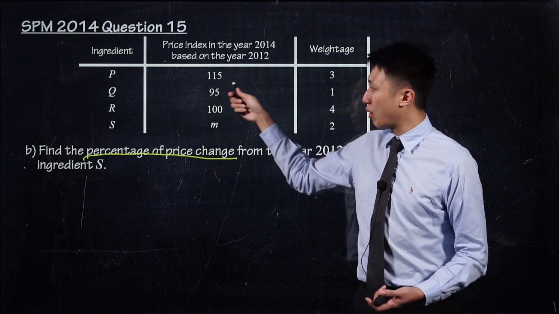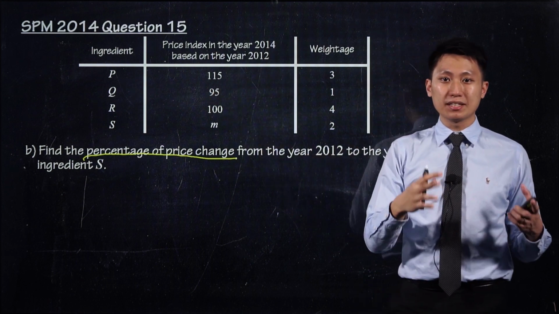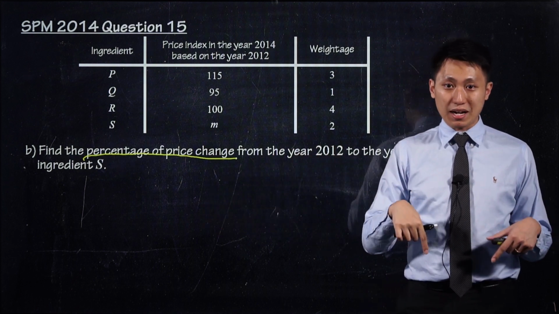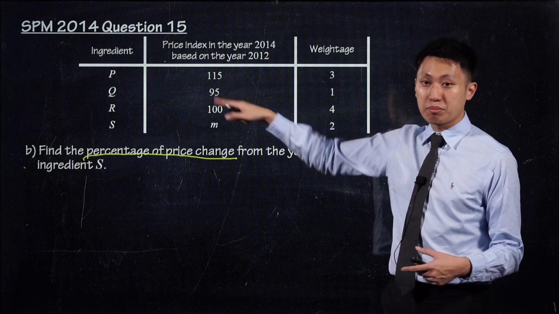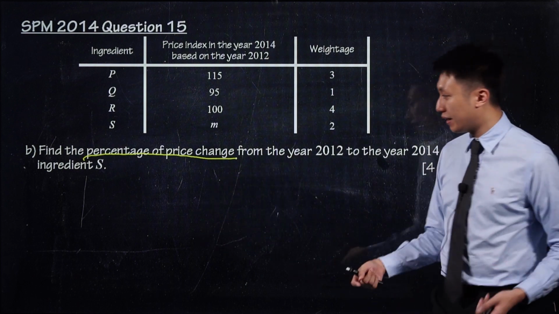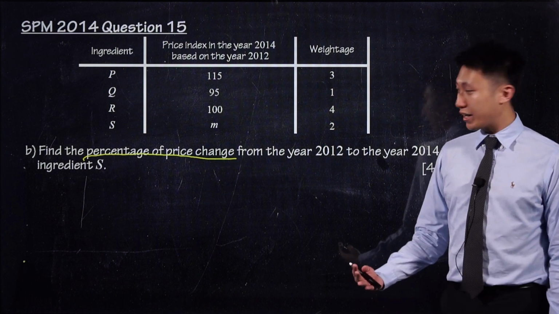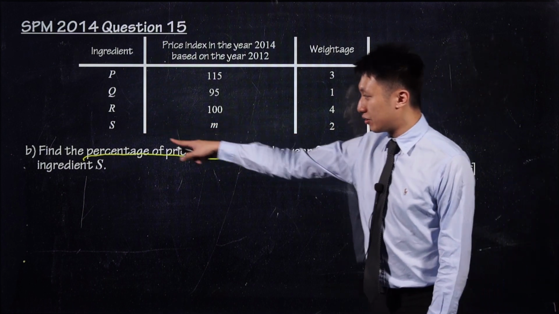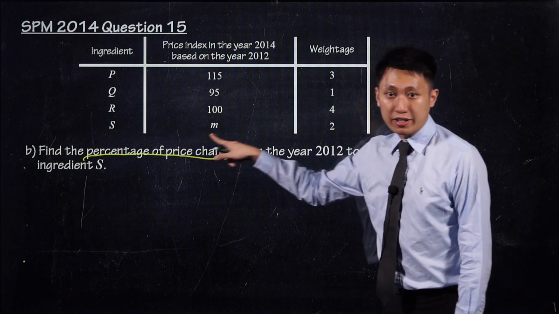So that's 115, because you compare the price now and 2012, the price now is 115% of the previous price. So it has increased 15%. Now what we're going to do here is find something related to M.